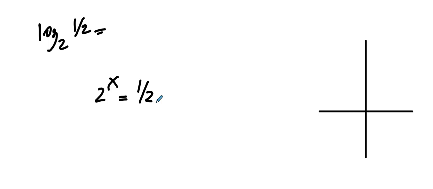This number is smaller than 2, which means we're going to have a negative, because this is a reciprocal of 2. The reciprocal is -1. So that means x is going to equal -1, so log base 2 of 1/2 is -1.